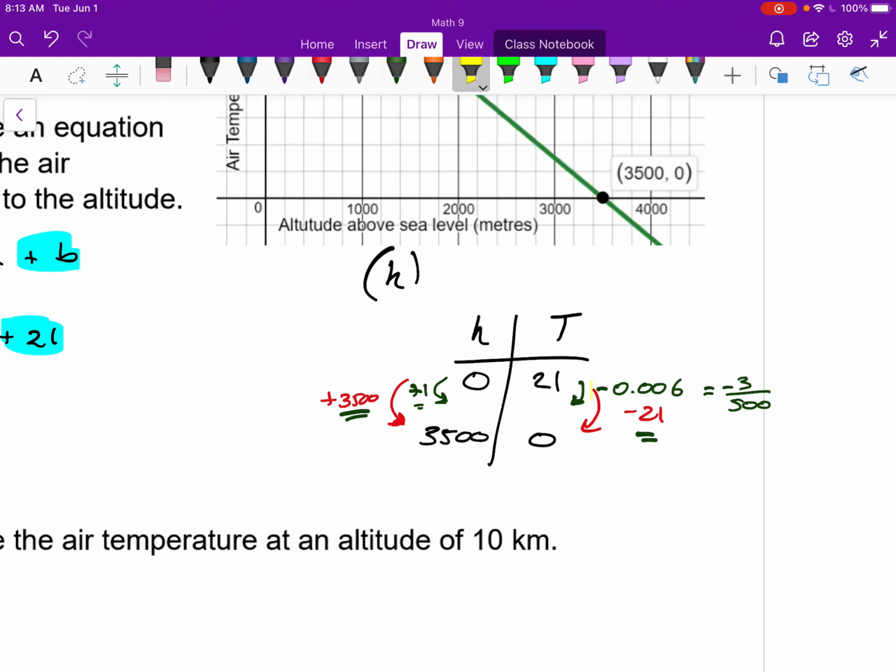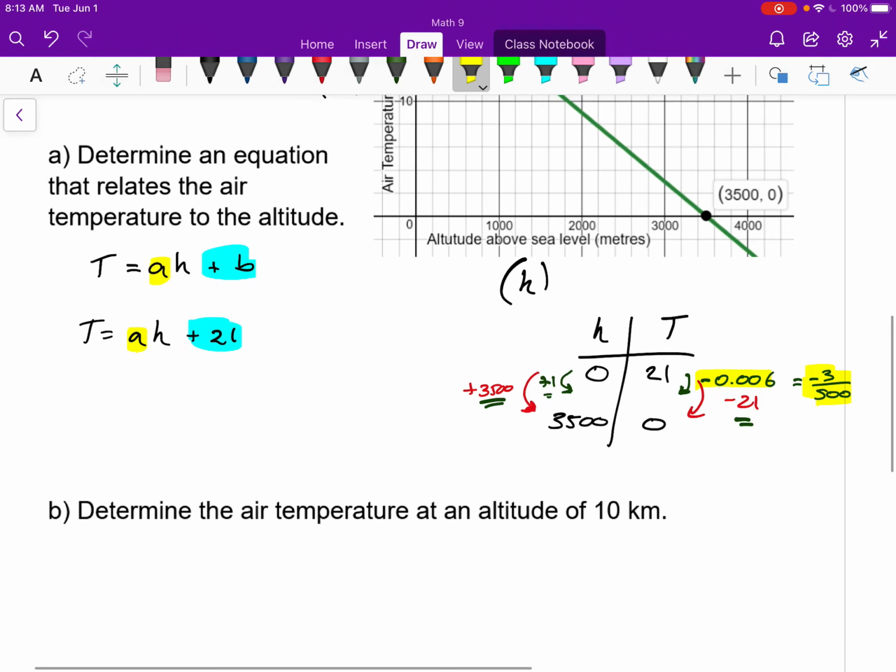That is my average rate of change. And honestly, I like the decimal one better because I can see a little more clearly that on average, every 1 meter we go up, the temperature drops this tiny bit, 0.006 degrees Celsius. But the fraction is great as well. And so my equation I'm going to change to T equals negative 0.006 H plus 21.